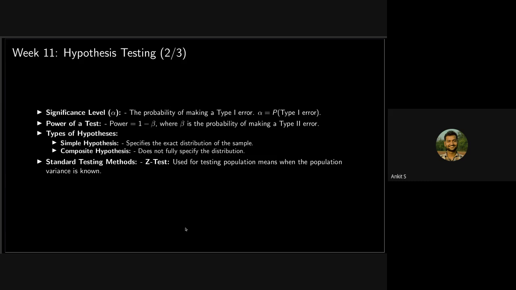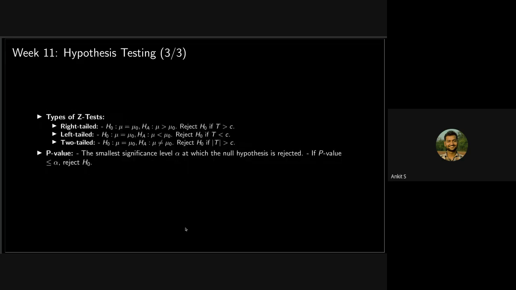The first kind of question can ask about your understanding of basic things about hypothesis testing, for example significance level, power of a test, type 1 error, type 2 error. Then one question might come about how you calculate the p-value, or when you are given a p-value, how you come to a conclusion. Then the standard testing methods, which are the bread and butter of this topic.